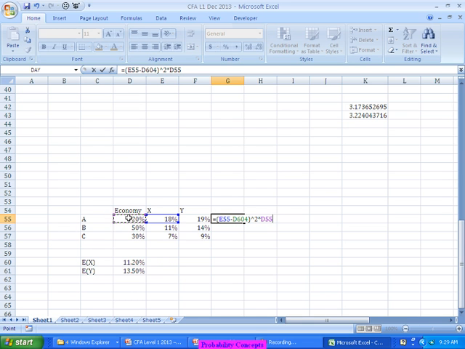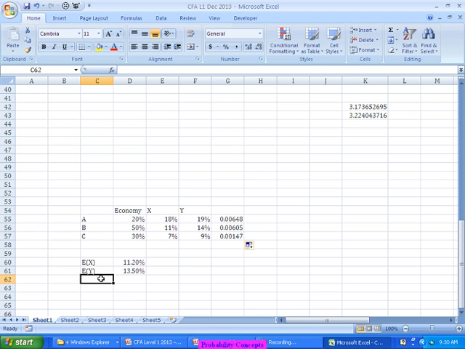You don't need to take the average in the end, because multiplying with the probability itself means you are taking a weighted average. So you do this, and then I add up these things.